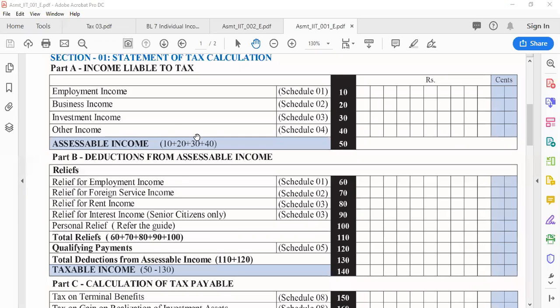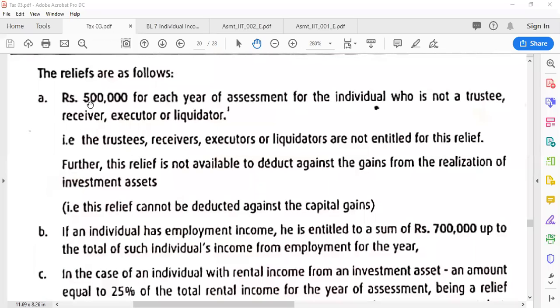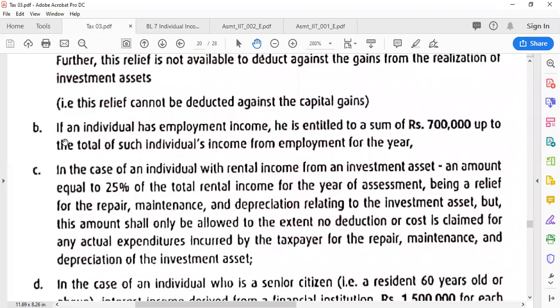Personal relief equal to 500,000. Good. Aruni answered 500,000, good.